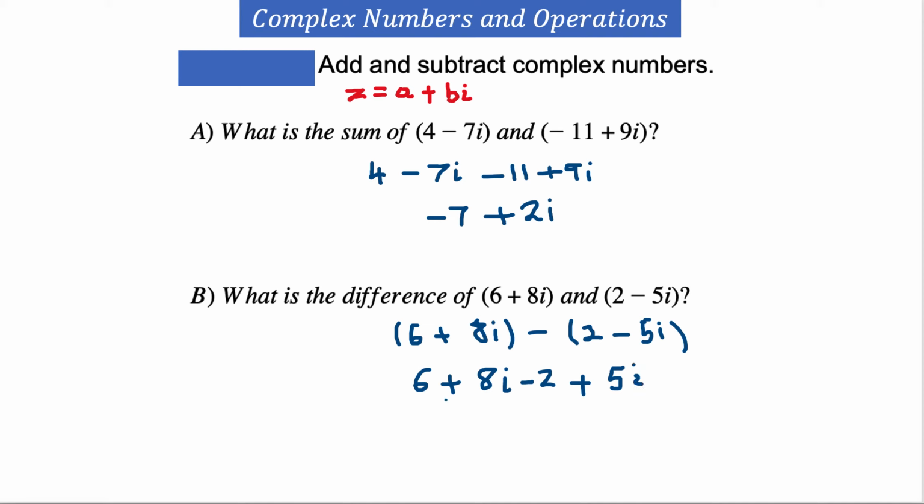Now again we add the real part of the complex number with the real part. 6 minus 2 is 4. And the imaginary part is 8 plus 5, which is plus 13i. So this is the difference of the two numbers in question B.